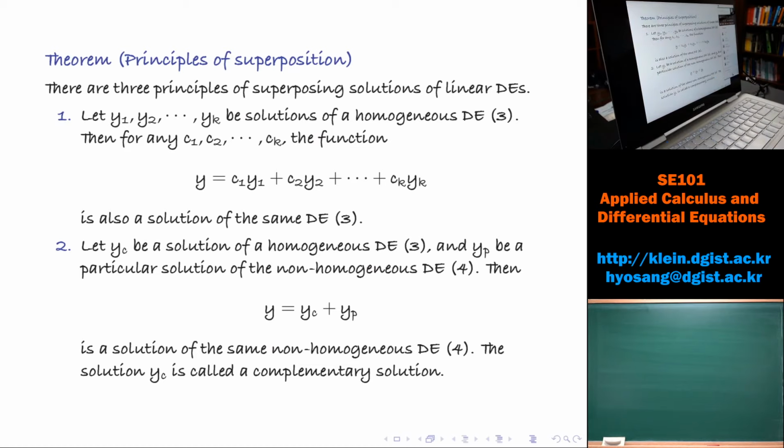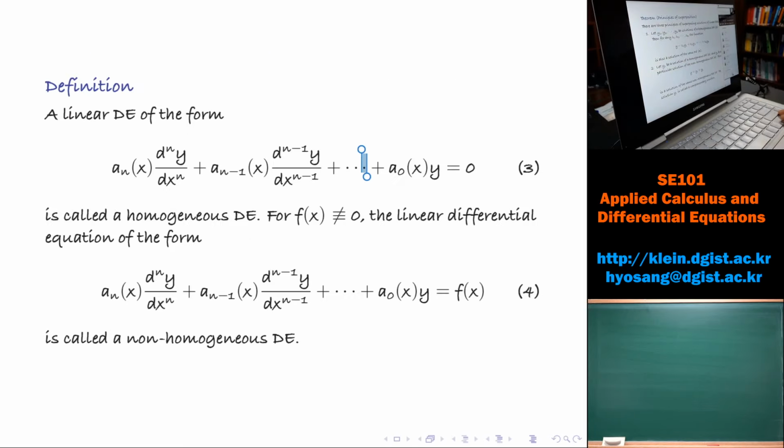I will explain why it's called complementary solution later. And let YP be a particular solution of the non-homogeneous differential equation, as in equation 4. When we compare 3 and 4, we assume that the coefficients An to A0 are the same in 3 and 4.